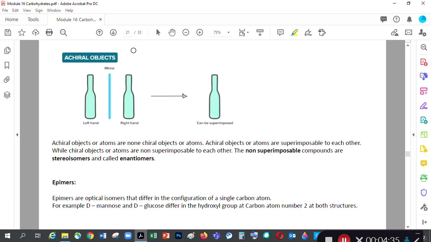Now, if we know what a chiral atom is, how about an achiral atom? Well, an achiral carbon atom has four groups, but not all different from each other. So achiral means they are superimposable on each other. If I take this bottle here at the left and put it on the right structure inside the mirror, you'll get a very nice superimposition.